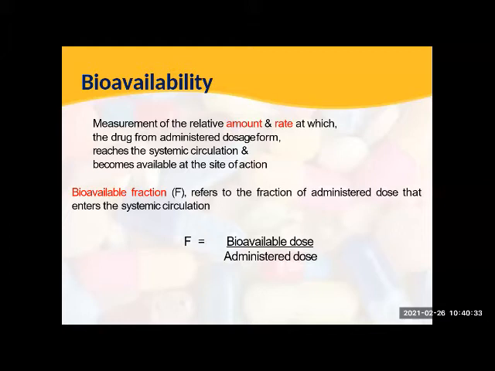If the drug gets released at a very fast rate but the amount which gets into the systemic circulation is less, then the clinical effect in this condition will also be less. Okay, so that's why we have to consider both: the amount which enters the systemic circulation and reaches the site of action, and the rate at which this amount is being released into the systemic circulation.